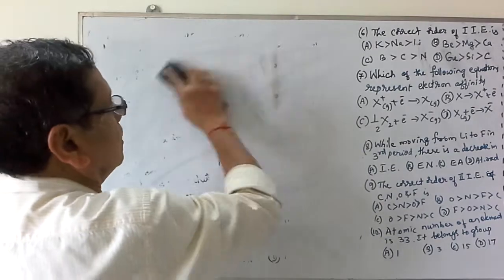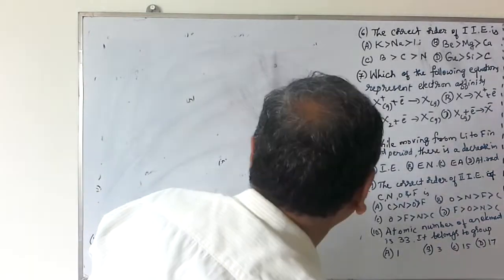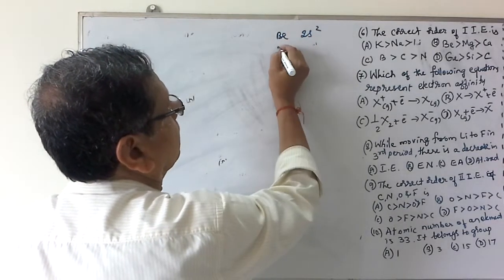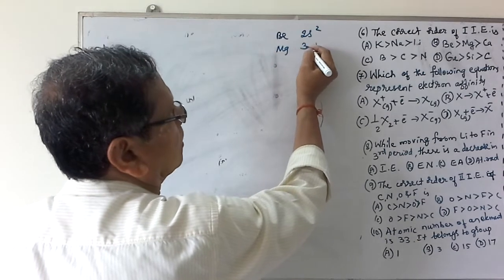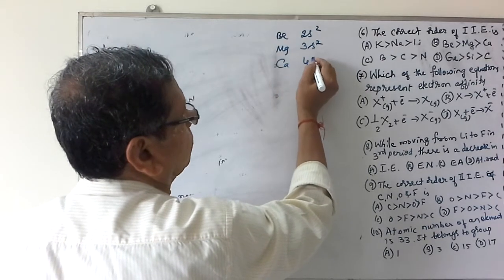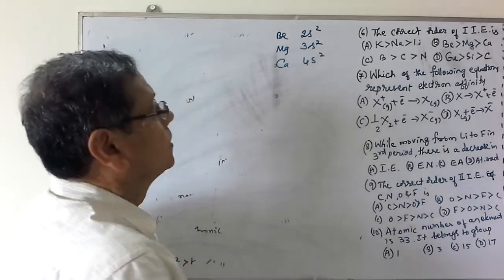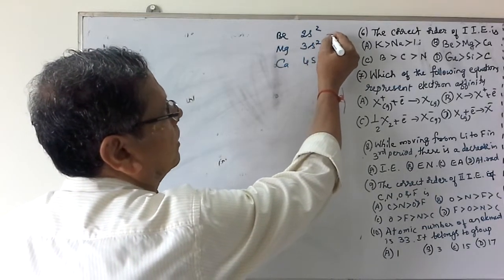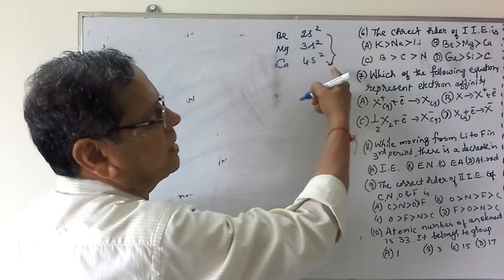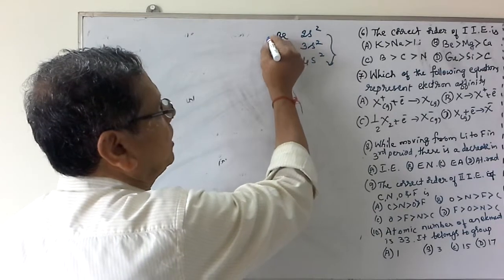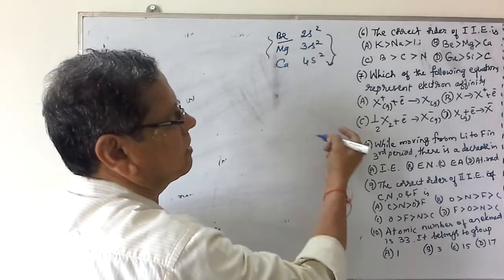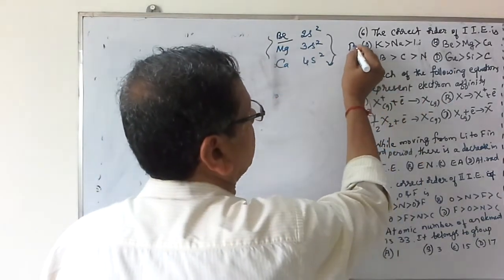As we move down, beryllium has 2s2, magnesium has 3s2, calcium has 4s2. Since the number of orbits increases from beryllium to calcium, the radius increases, that's why ionization energy decreases. But among these three, beryllium has the largest first ionization energy as compared to magnesium and calcium. That's why the correct option for this one is B.